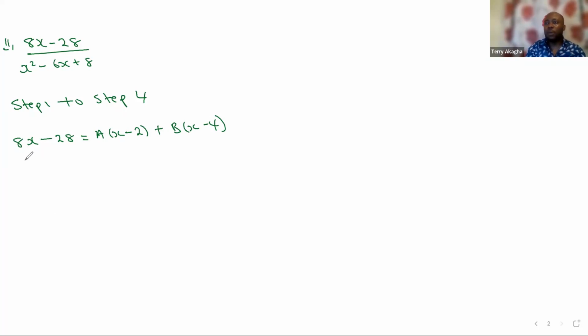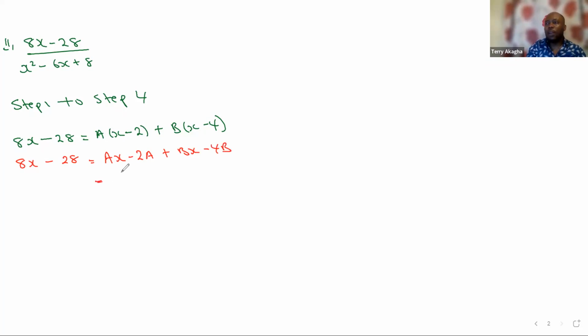So I can open up all the brackets now. This gives me 8x minus 28. You have to make sure that all the x terms are together, so I equate the coefficient of x and the constant. Opening the brackets gives ax minus 2a plus bx minus 4b.